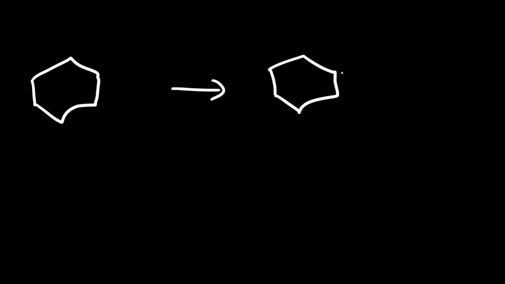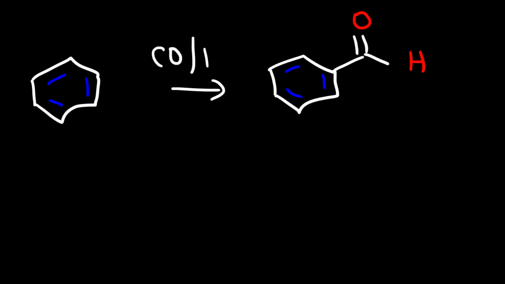Now for the next example, we're going to convert benzene into benzaldehyde. So how can we do this? What's a simple way in which we can put an aldehyde functional group on a benzene ring? Now there's a reaction that's called the Gattermann-Koch reaction. Basically, you're using carbon monoxide with hydrochloric acid and aluminum chloride and copper chloride.